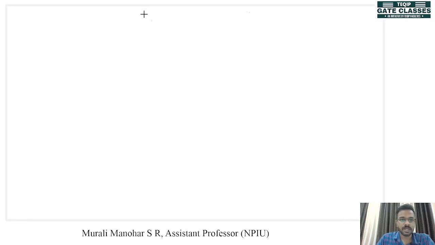When RAV by RL is very much less than 1, we can call this efficiency eta max, because this is the maximum efficiency possible in a half wave rectifier. So this will be given by 4 by pi square, and that value is 0.406. In percentage, it is 40.6% efficiency.